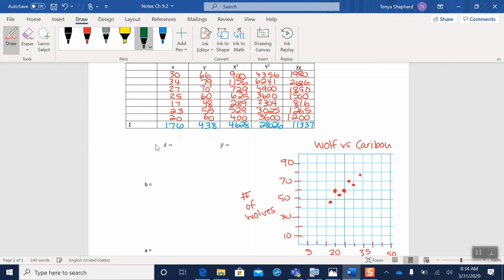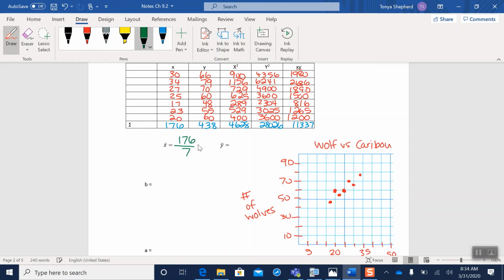Now remember, these are the means of the x's. So how do I find a mean? I add up all the x's and I divide by how many x's I have. So in this case, I've already added it up. There are 176 that adds up to, and there are 1, 2, 3, 4, 5, 6, 7 x values.